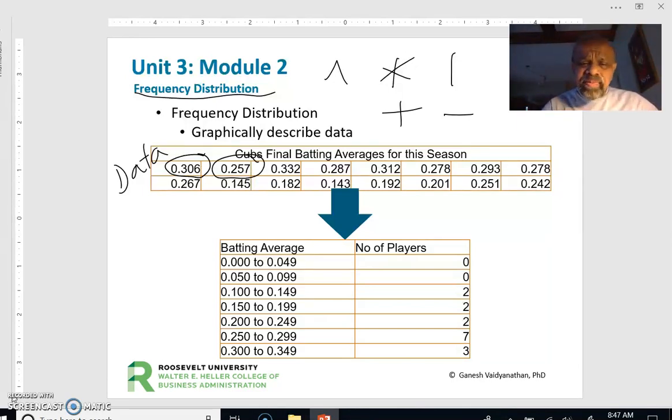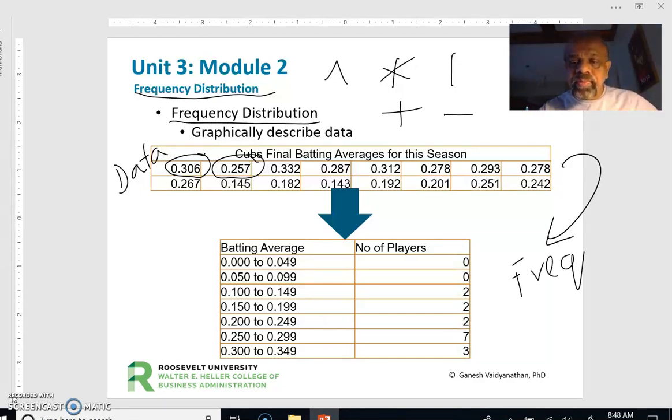Okay, I cannot make much out of this data. So what I want to know is how players have actually done, what have they achieved. To do that, one of the ways I can do that is to find out the frequency distribution. So I'm going to convert this data to a frequency distribution.